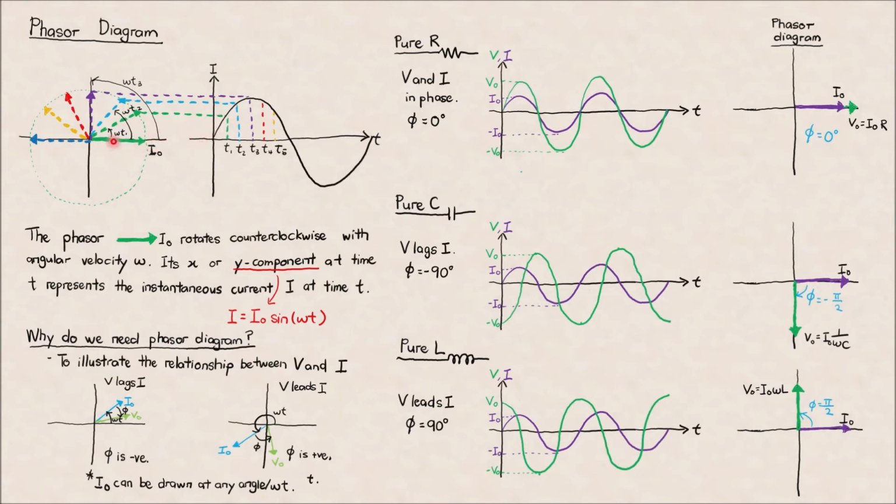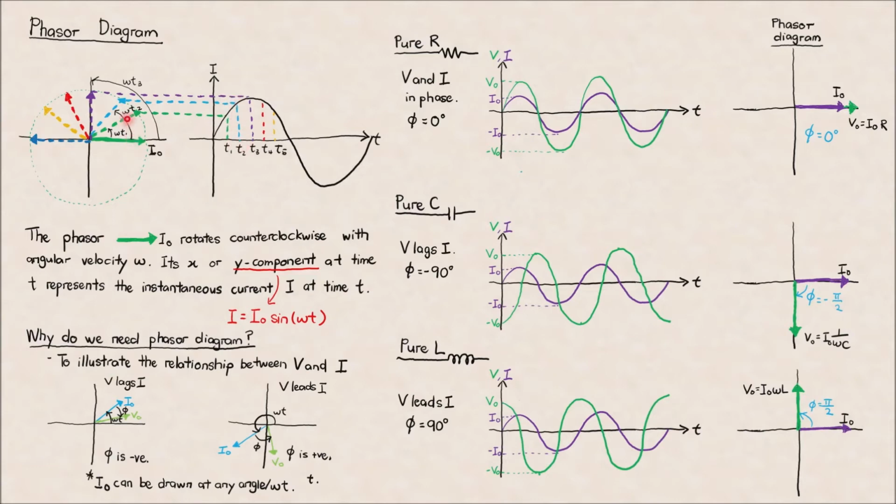Let's be more specific and pick time t2 here. Let's say at time t2, this phasor I naught has rotated until it reached this angle, which I represent with the blue phasor here. When you reach this angle and you try to obtain the y component of this phasor, you see that this y component is basically just the instantaneous current at time t2.